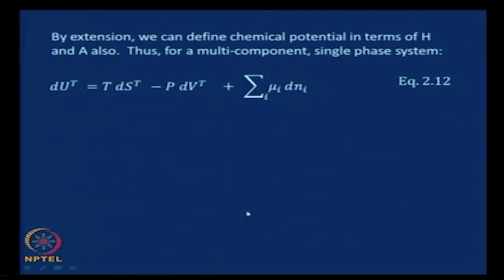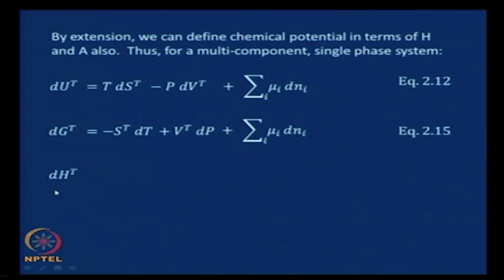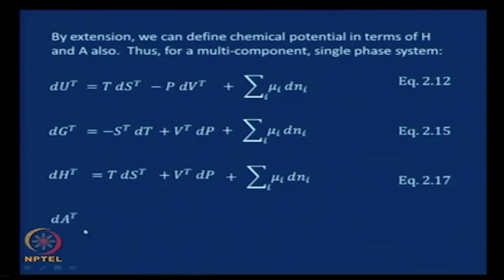We are just compiling all the equations together, so we will have it at one place for easy reference later. dGt equals minus St dT plus Vt dP plus summation of mu i dni, equation 215. dHt equals T dSt plus Vt dP plus summation of mu i dni, equation 217, and dAt equals minus St dT minus P dVt plus summation of mu i dni, we will call this equation 218.